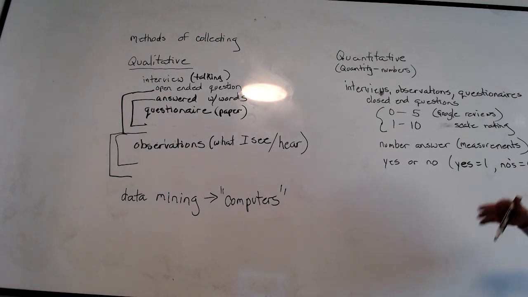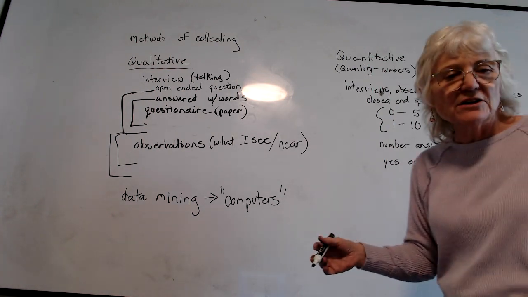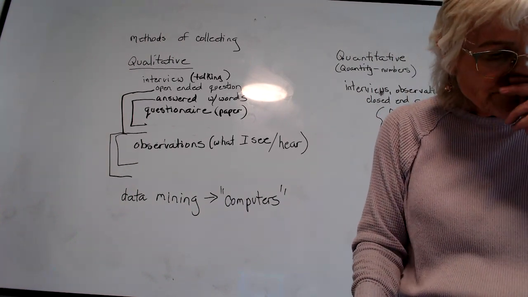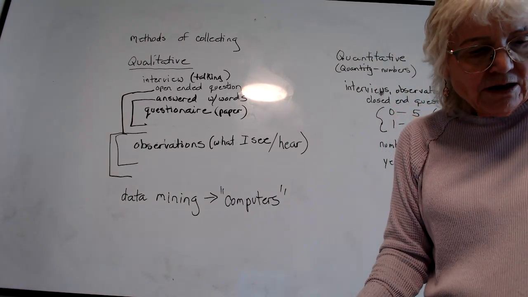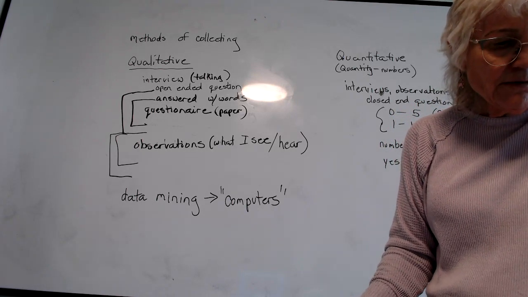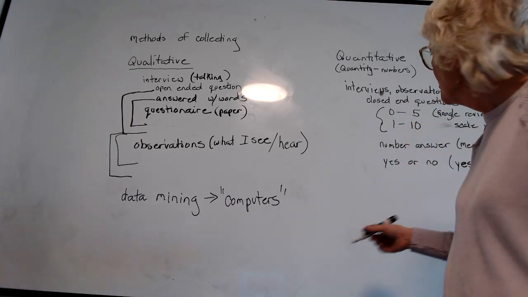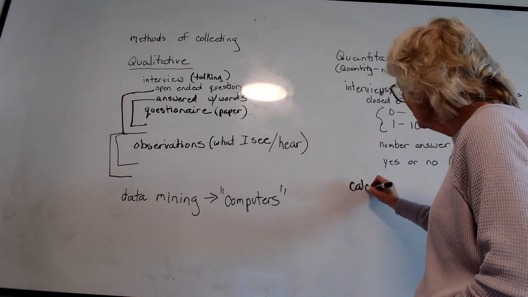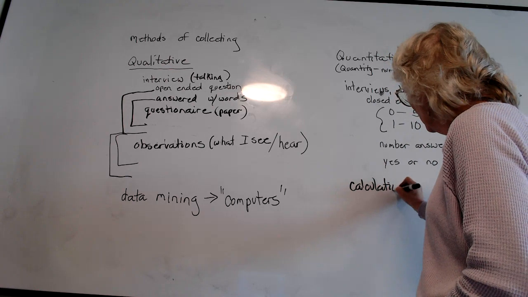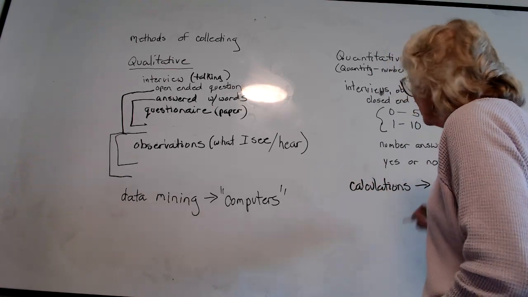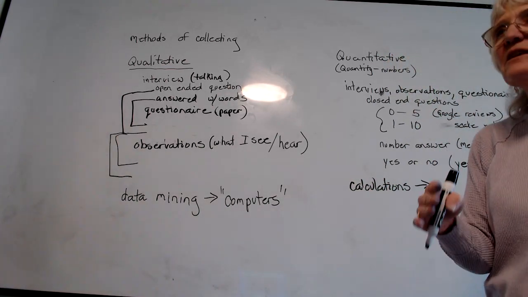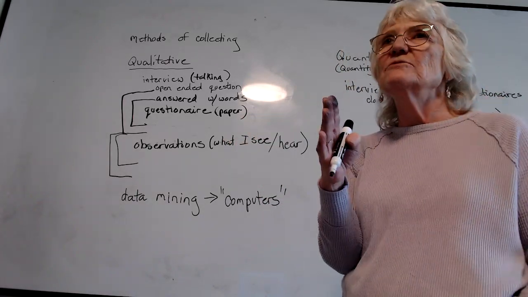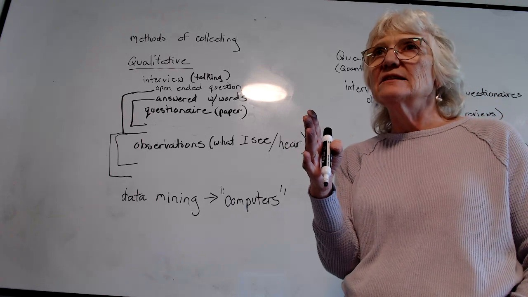Okay, then the other way we can do it is we can go out and we can do, let's see, there's actual calculations. So instead of interviews, there's actual calculations. And the way you would collect that is basically if I say we have these tests that we gave everybody. Usually when you get ready to go to college, it's a SAT test.